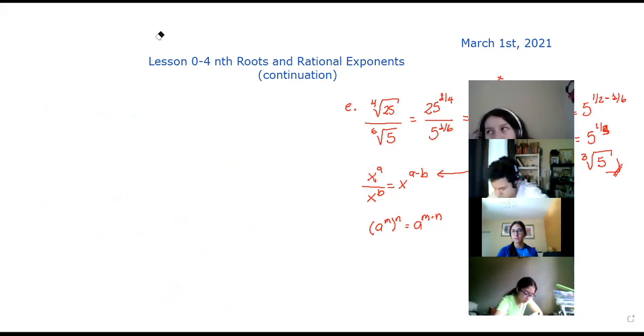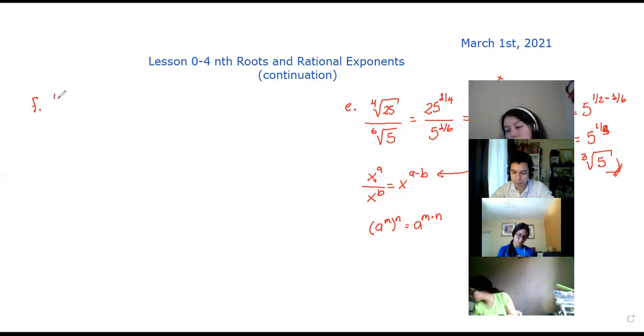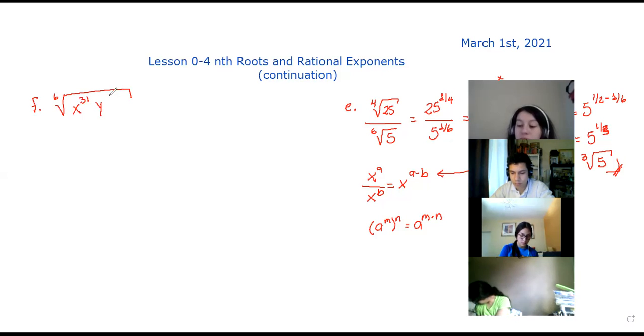Okay, let's do another exercise. Letter F. Let's see. The 6th root of x to the power of 31, y to the power of 20.